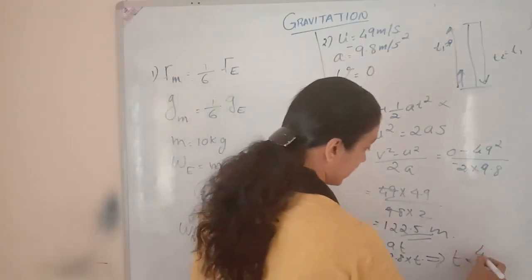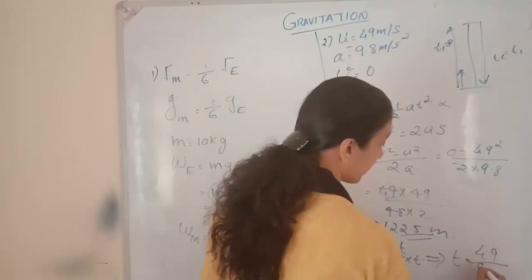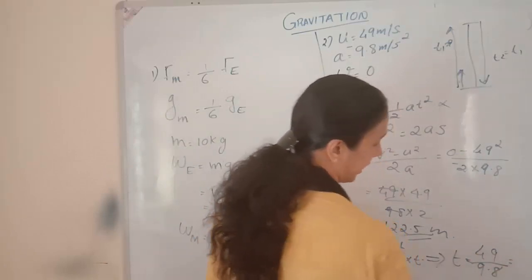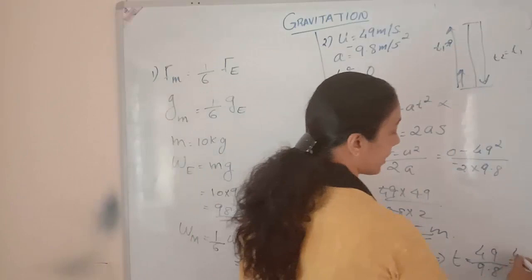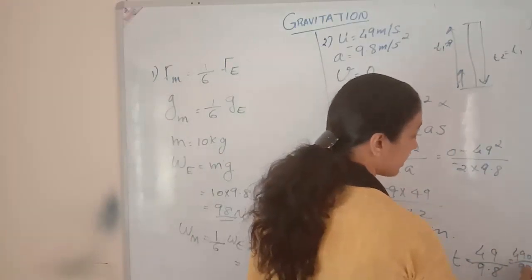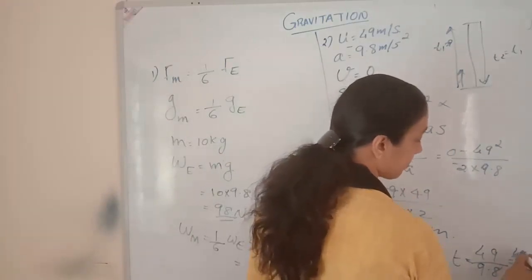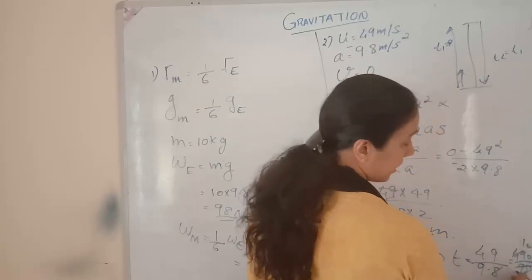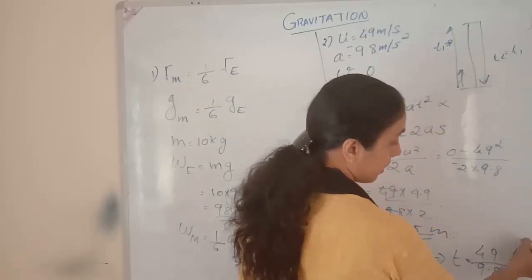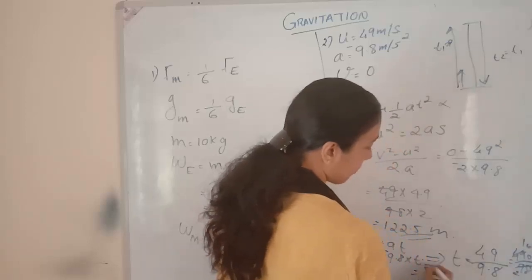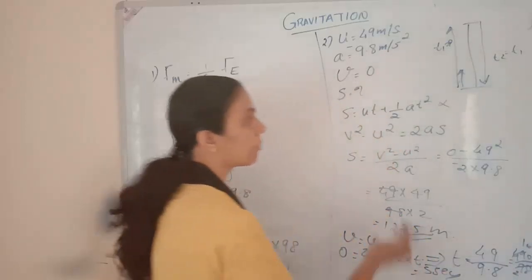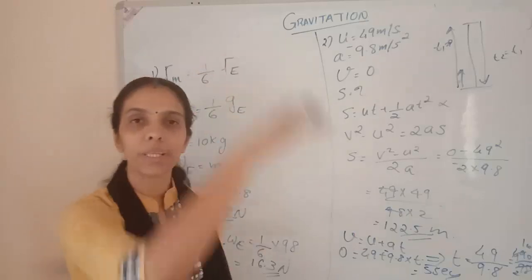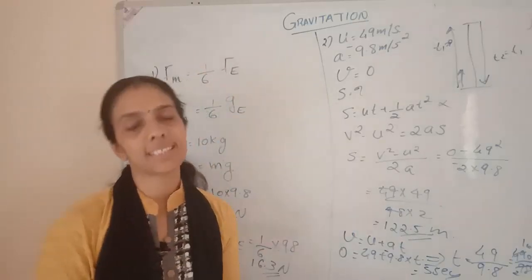So t we will get as 49 divided by 9.8, that is 490 divided by 98, which is 5 seconds. So together, moving upward and downward, it will be 10 seconds.